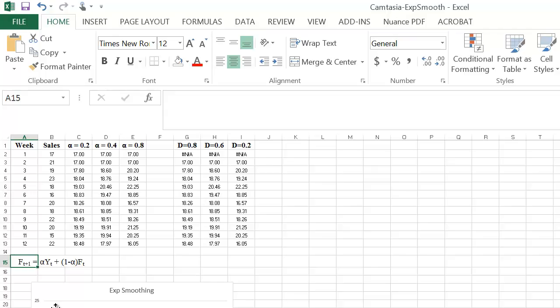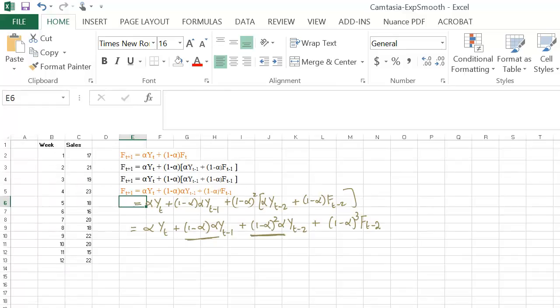Here I shift to the next sheet. So here's the formula: F of t plus 1 is equal to alpha times y t plus 1 minus alpha times F of t. Just take F of t, the forecasted value for t, and plug in the formula for F of t, which is alpha times y t minus 1 plus 1 minus alpha times F of t minus 1.